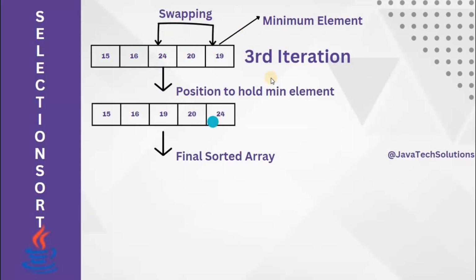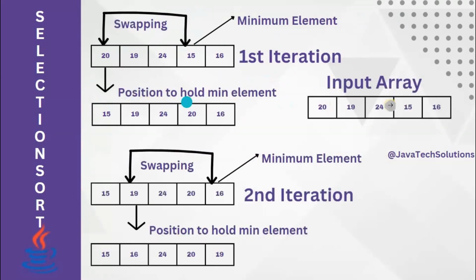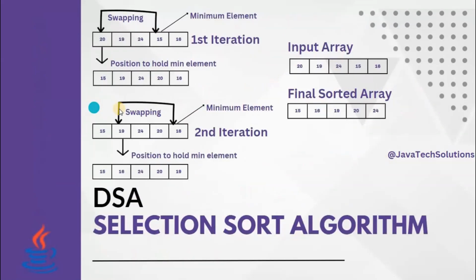After swapping, it will look like this: 19, 20 and 24. The next position is 20, which is already sorted, so we don't need to sort the array again because this is the final sorted array. As you can see, this is the input array, and this is the final sorted array.